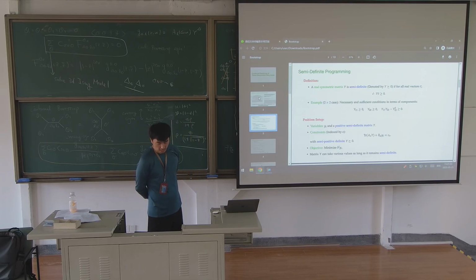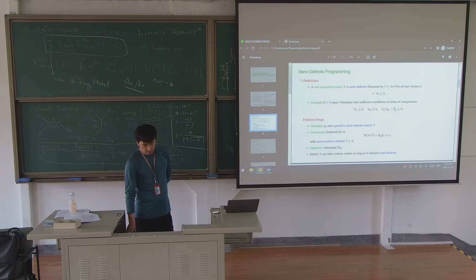So semi-definite means a real symmetric matrix Y which satisfies this property for any vector c.